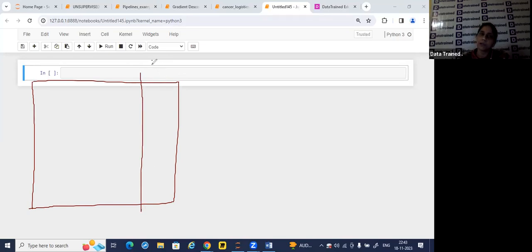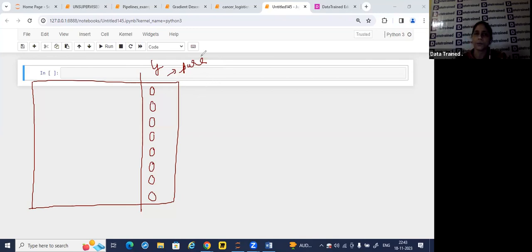In my data set, I'm talking about the Y output. My Y output has the values 0, 0, 0, 0, 0, 0, 0, 0. It means my entire Y is 0. Only one type is present, so I will say my Y is pure.